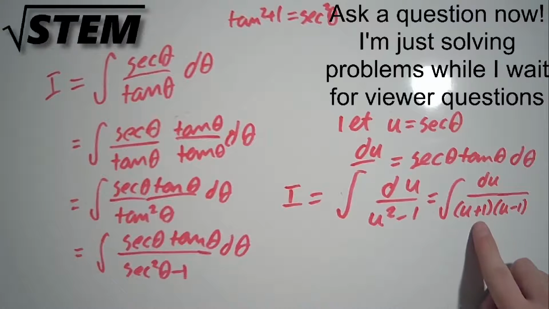We get u squared, we get negative 1, and we get a plus u and a minus u that cancel out. So this is actually, I guess, going to be a partial fraction decomposition, which is not where I expected this to go.